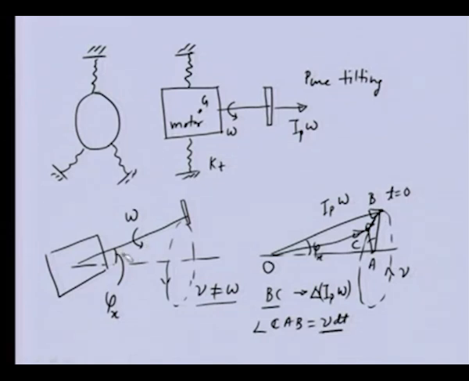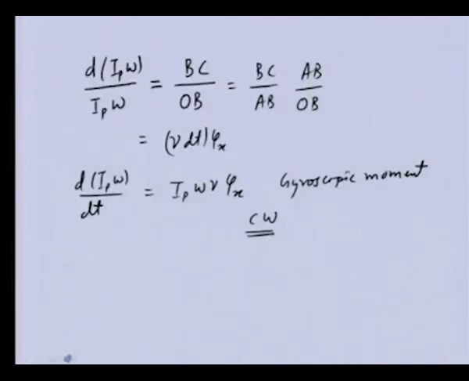Apart from this moment, the moment due to the support, with effective stiffness kT, will also act opposite to the angular displacement. So we will have a total moment, not only from the support spring, but also from the gyroscopic moment. The stiffness into the angular displacement gives the support moment, and this is the gyroscopic moment. Now, this is the moment.